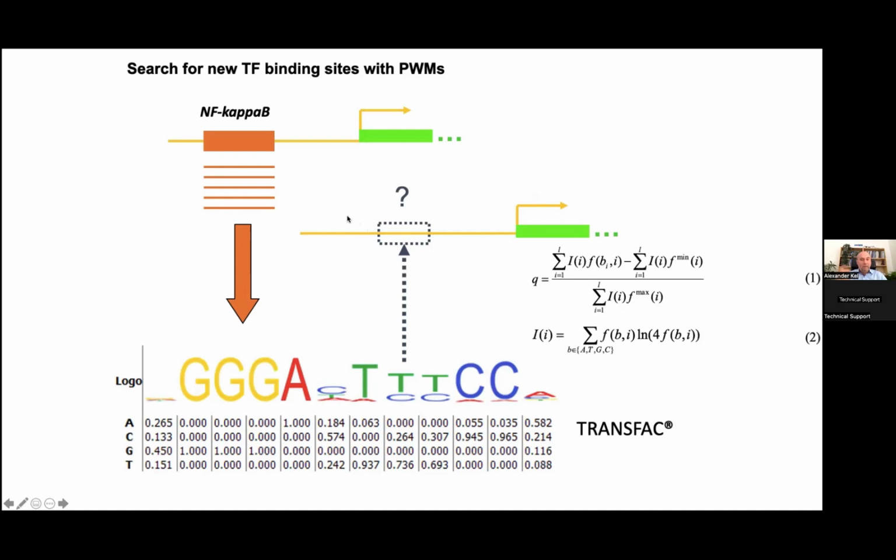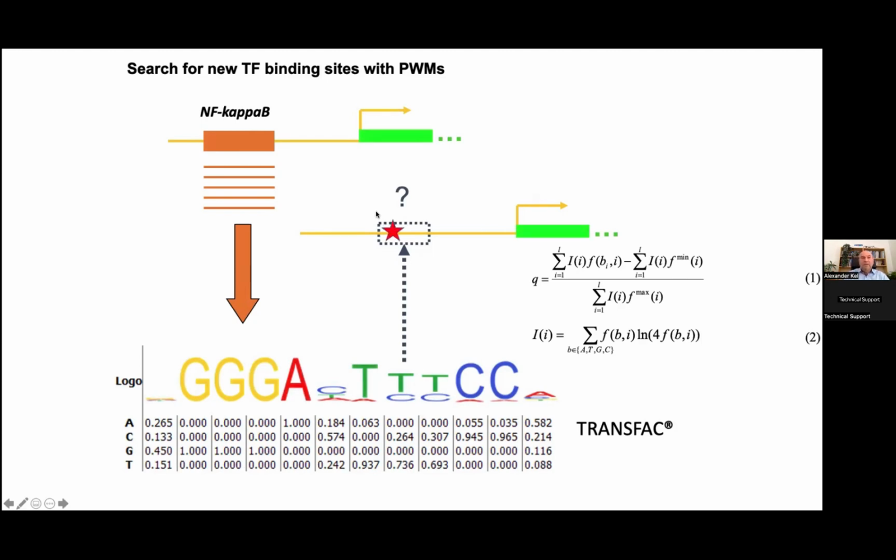So if we want to know where NF-κB can bind in the genome, we take this matrix from TRANSFAC or from another database, and we apply certain mathematics to scan this matrix through the genome and find those places in the genome where it matches the place. So basically, the score of that matrix is higher than a certain cutoff.